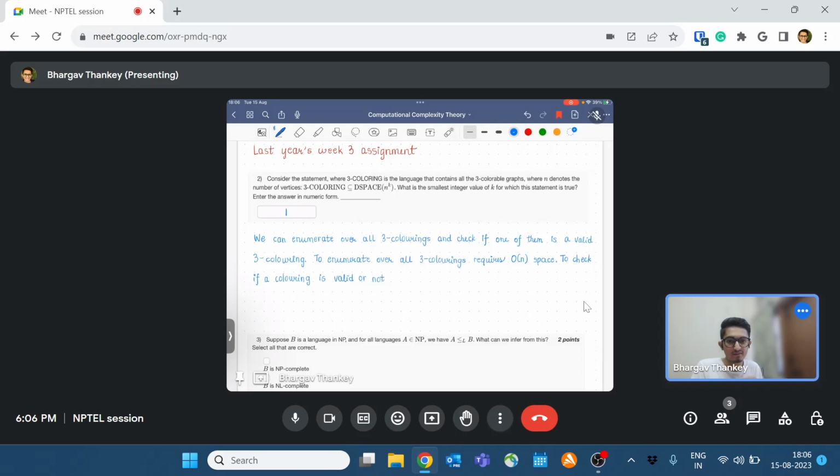So you can copy one such index to the work tape and use that as a counter to move to the right place in the coloring. This counter takes at most order log n space.